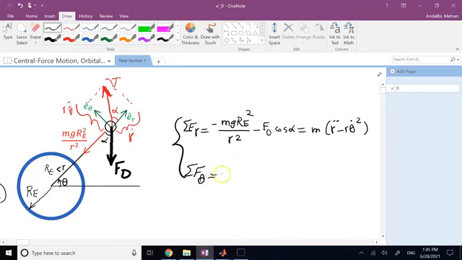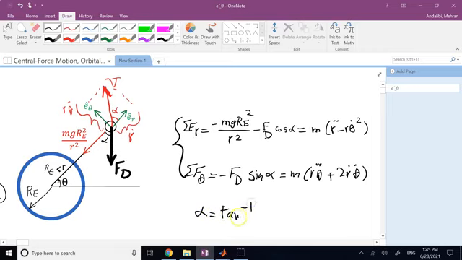And how complicated are they? Well, let me show you what happens to your equations. Alpha is tangent inverse of r theta dot at any point over r dot at any point. So angle alpha has to be calculated all the time and plugged into these equations.